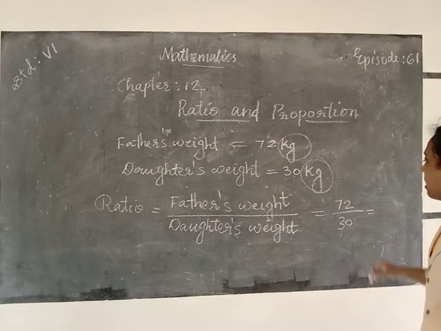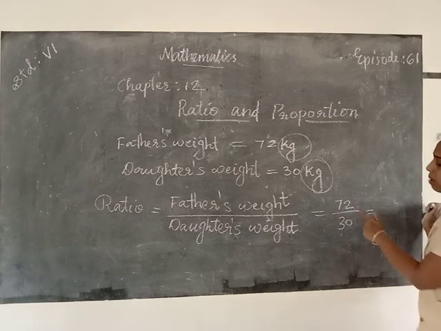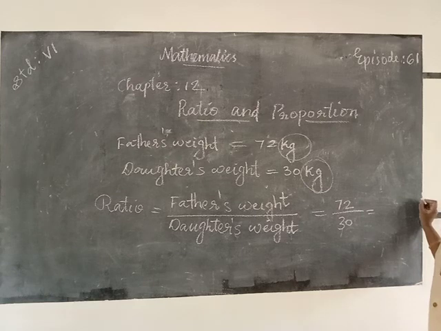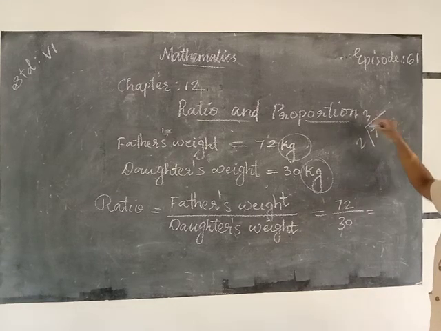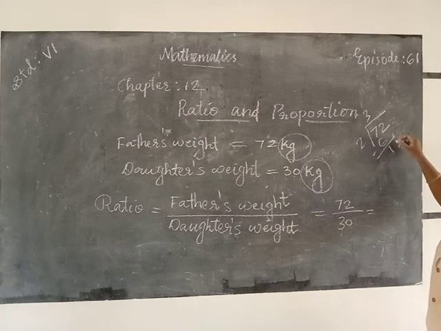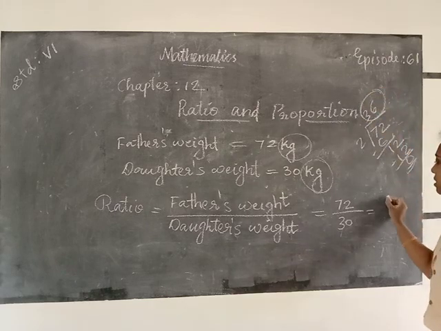And here you can see that 72 and 30 are multiples of 2, so 2 is a common factor. If we divide 72 by 2 we get 36.